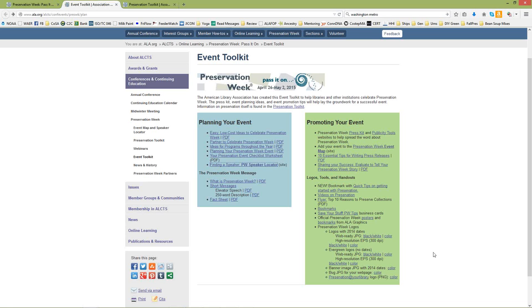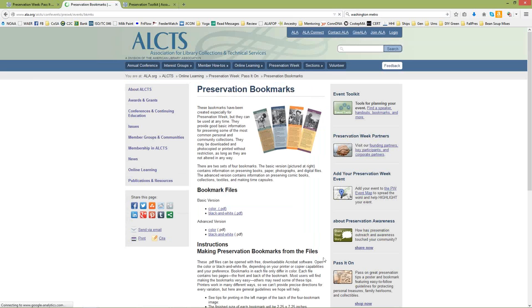This is where you can use some of the handouts that are available on the event toolkit. We've got some great bookmarks that are available for anyone to print out. Many of these are courtesy of the Library of Congress.